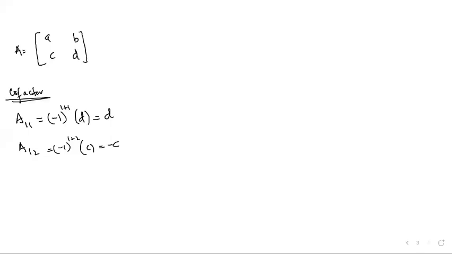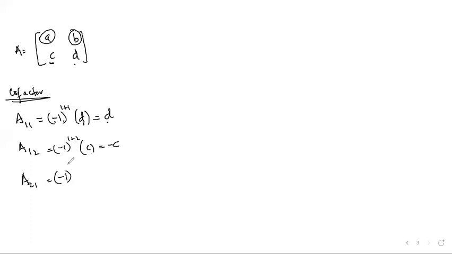So what I'm doing, I'm calculating the cofactor of each and every element of a 2 by 2 matrix. First I took the cofactor of this. So minus 1 raised to 1 plus 1, delete the row and column, I'll get only a single element D. So your answer is D. Then I calculated the cofactor of this, delete it, so you'll get C. Then I'll calculate the cofactor of 2, 1.